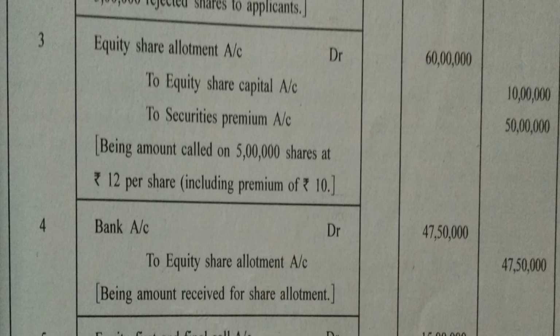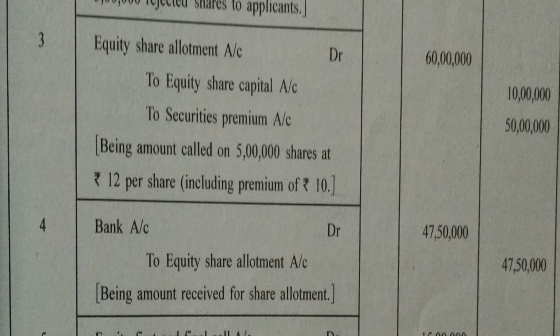So now, allotment money becomes due. Obviously, once we are done dealing with the stage of application, the next step is when allotment money becomes due. And what is the journal entry for that? Equity share allotment account debit to equity share capital account, to securities premium account.